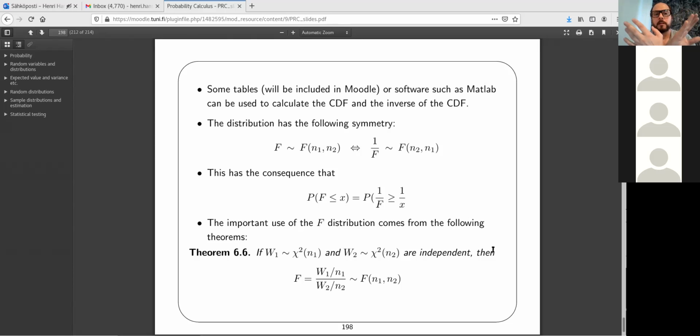So F is distributed with n1, n2 if and only if 1 over F is distributed with parameters n2, n1. It has the consequence that the probabilities have this inverse relationship, so that the probability that this F variable is smaller than or equal to x is the same as that 1 over F is larger than or equal to 1 over x.